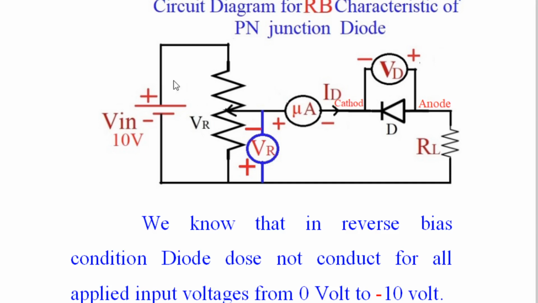Our variable voltage is the same: a fixed 10 volt battery with a variable resistor having three terminals, the upper terminal to the positive of the battery, the lower terminal to the negative of the battery. The wiper of the variable resistor is connected to the cathode of the diode, now that the diode is reversed, and the anode of the diode is connected to the negative of the battery through the load resistor RL.